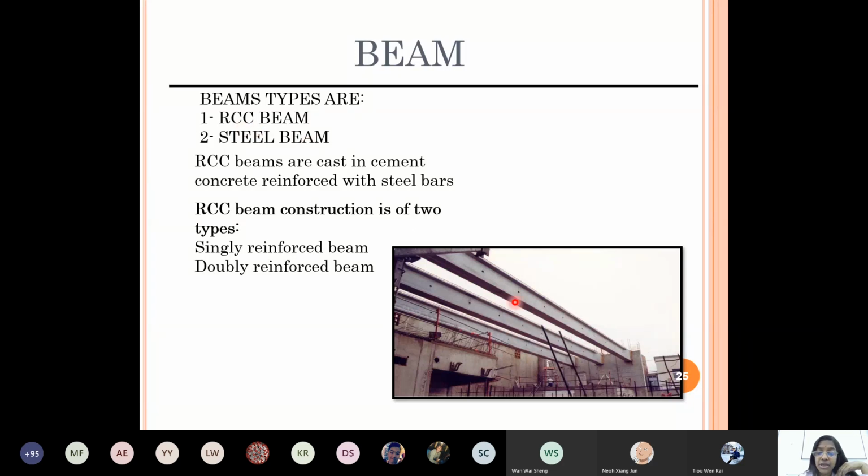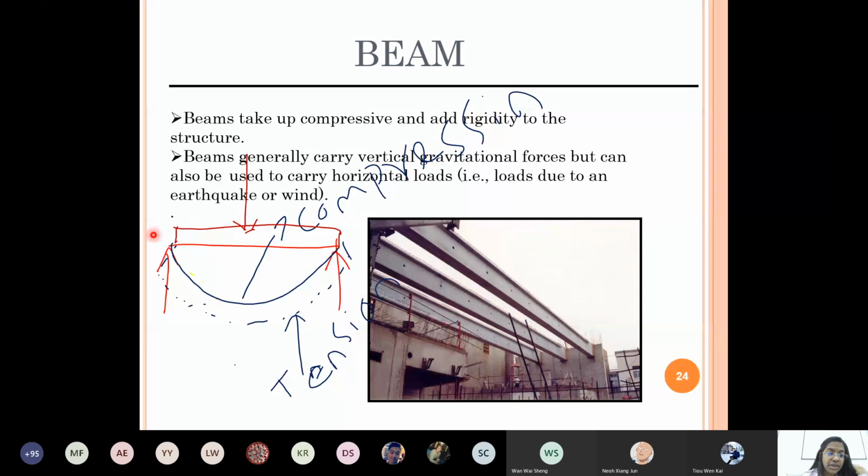RCC beam or steel beam like this. So you see here a solid steel member of different cross sections. It may be I section, rectangular section, circular section, any type. The reinforcement may be singly reinforced or doubly reinforced, depending on the failure. Remember this failure.